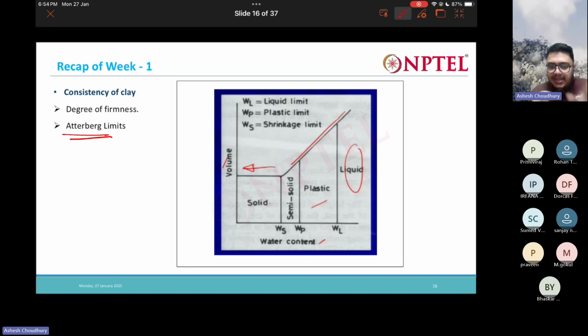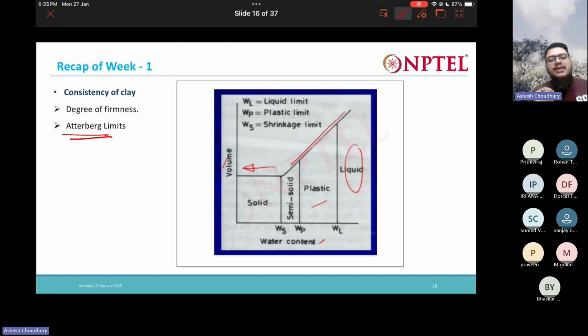The plastic region is between water contents WP and WL. WP is called the plastic limit. So when the water content in a particular soil is between WP and WL, the soil will be plastic. That means you can mold it in any way.